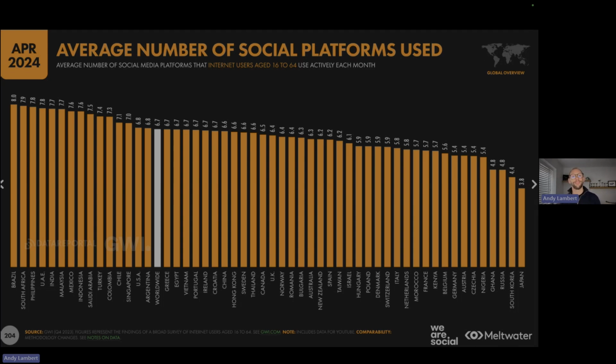But the important message here is that if we think our audience are only on Instagram, as an example, that's just simply not correct. Our audience are split across multiple platforms, so we're going to need multiple platforms in order to maximize our reach and our distribution, maximize awareness, and maximize our opportunity to drive purchase intent, as we were just talking about earlier. So thinking multi-platform is very important.